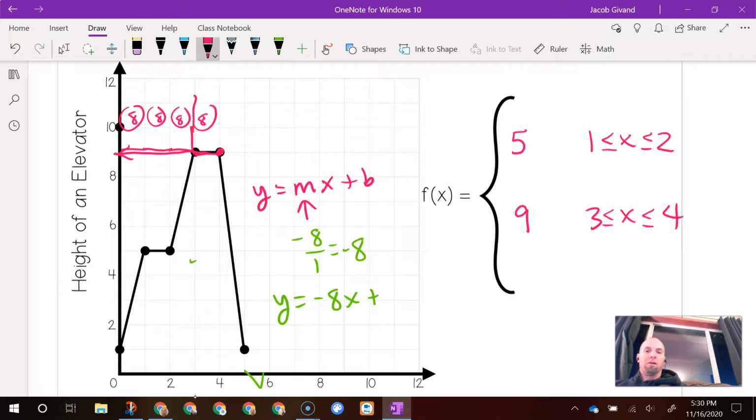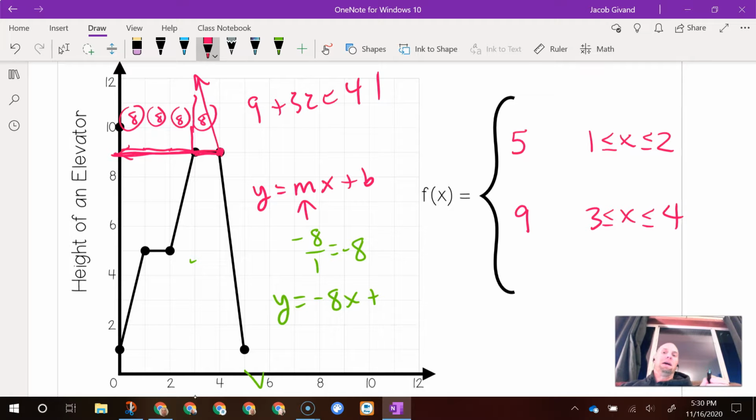So the way to think about that is right now, our y value is 9. There it is right there. But if we go up 32 from 9, we're going to go way up high. What's 9 and 32? It means that it's 41. It's going to cross the y-axis way up at 41.